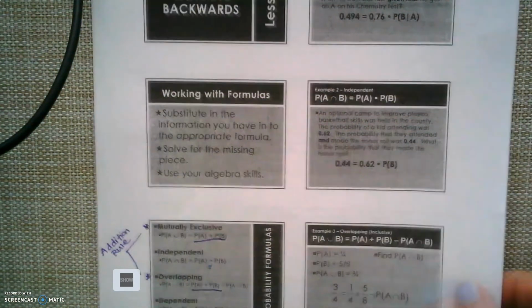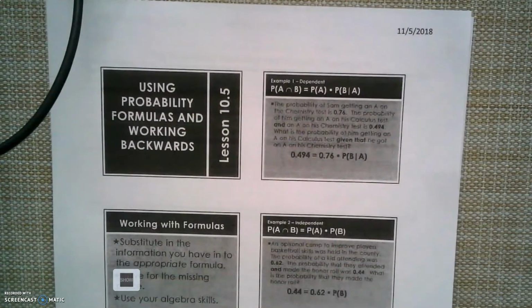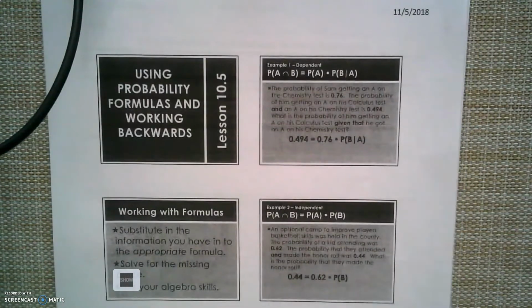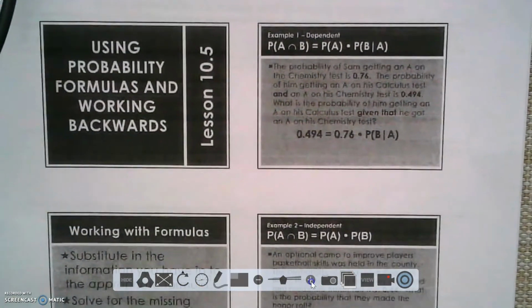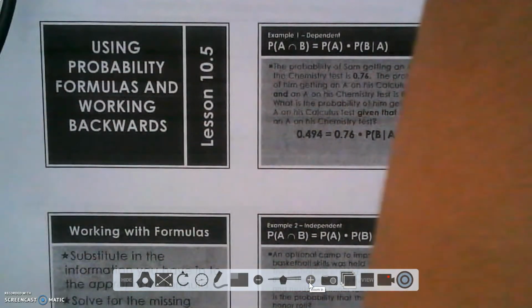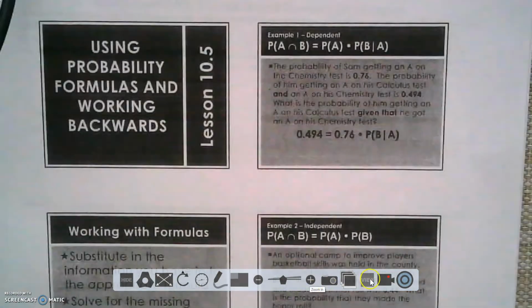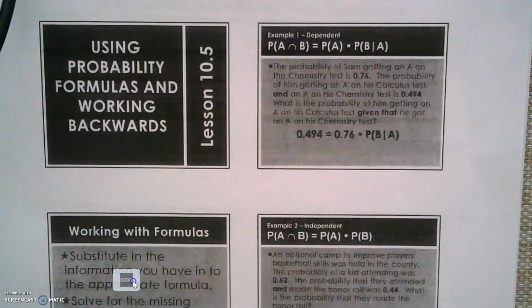The first type that we could have is a dependent example. The probability of Sam getting an A on the chemistry test is 76%. The probability of getting an A on a calculus test and on a chemistry test is almost 50%.